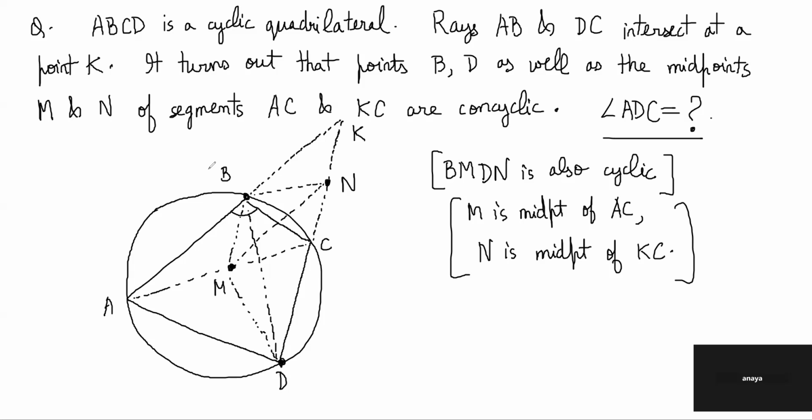That means BM is the median, so that means that AC is the diameter.